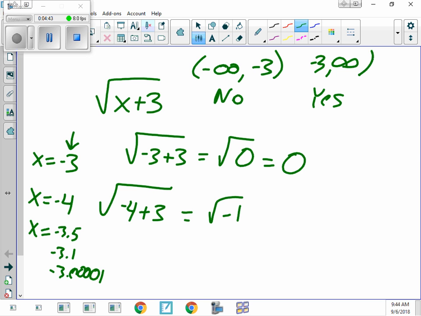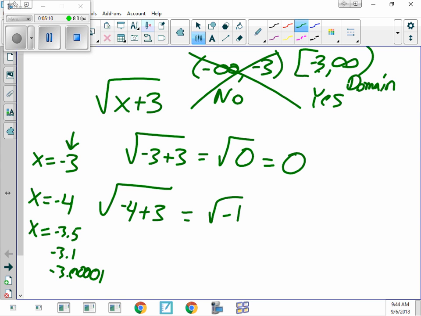What do I use for symbols on that one? A bracket. Right. Negative 3 does work, but everything smaller than negative 3 does not work. Okay? So this stuff is not part of the function, and all of this is, and that is the domain.